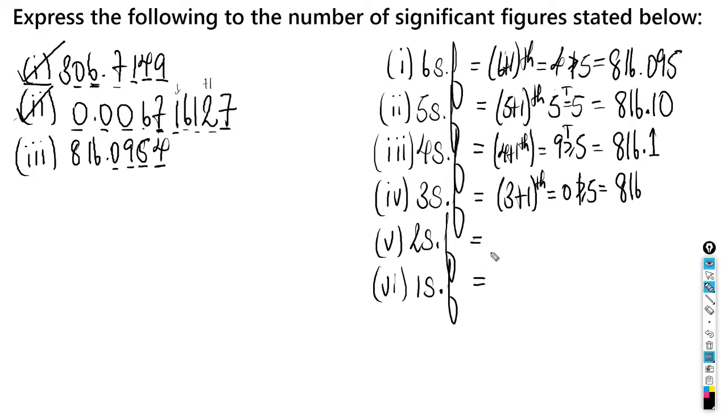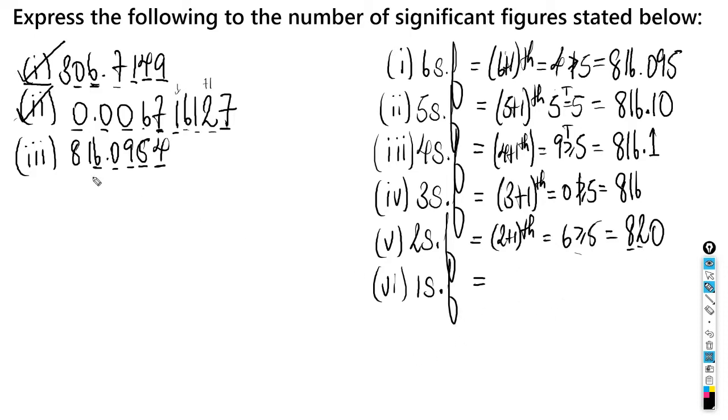Then we're going to look at the 2 plus 1th significant figure, which is the 6 here. And 6 is greater than or equal to 5. Yeah, it's greater than 5. And so we're going to end up with 820, right? 8 and 2 are the significant figures.